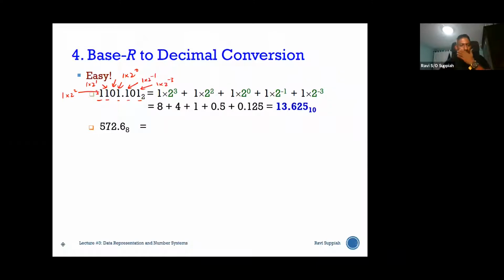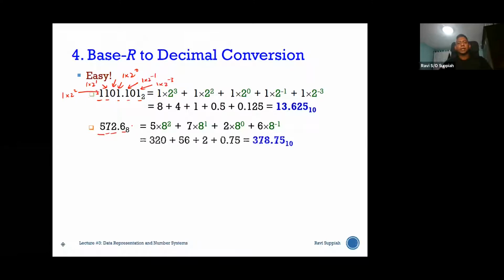Similarly here, I have a base 8 representation, and I do the same thing: 8 power 0, 8 power 1, 8 power 2 for these three numbers. Then from the decimal point onwards it is minus 1, minus 2, and so on. The final answer is again in base 10. This example here is a hexadecimal number.